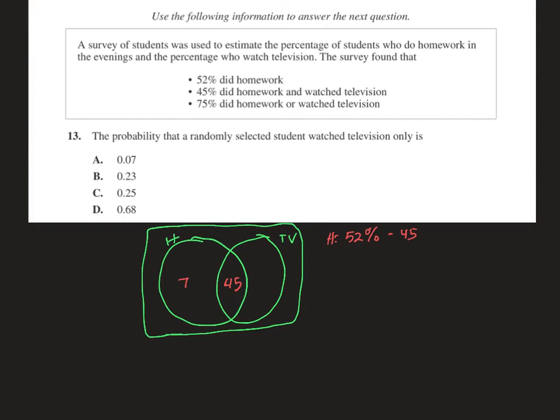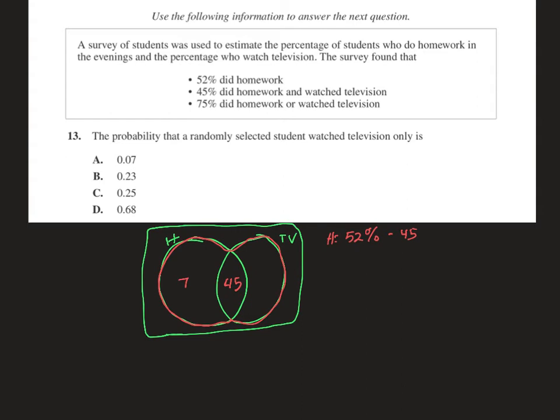Okay, and now that we have that, 75% did homework or watch TV. So because of the "or," it's homework or TV or both, everything in both of those circles would add to 75.